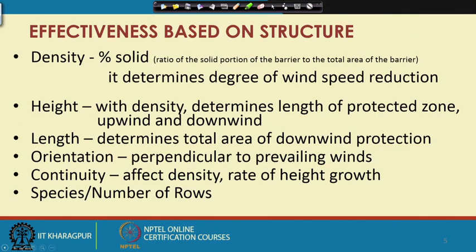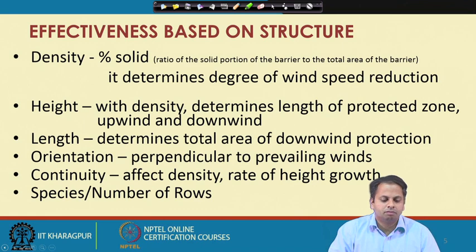Let us see the effectiveness of a windbreak based on its structure. When I say structure, it means the density of the windbreak, height, length, its orientation with respect to the prevailing wind direction, continuity, whether it is continuous or some gaps are there, which species or combination of species we are choosing for the windbreak, and the number of rows, that is, the arrangement which is used.